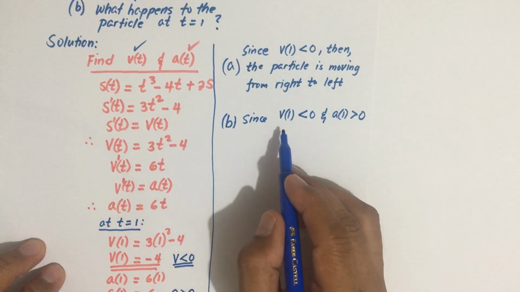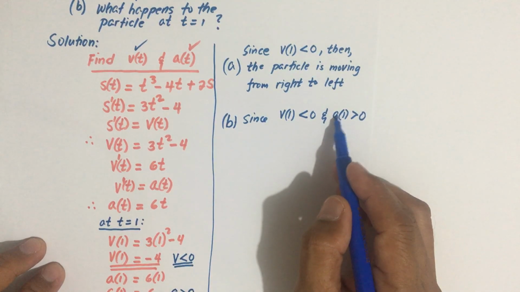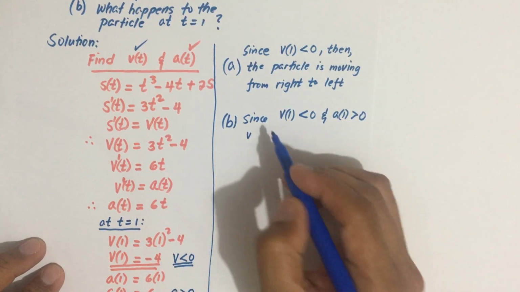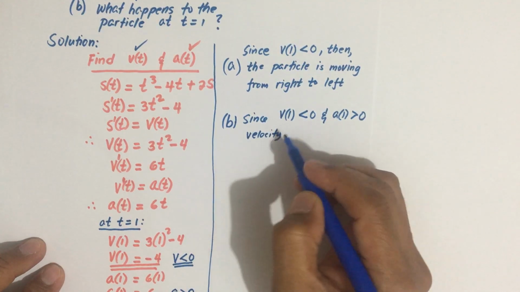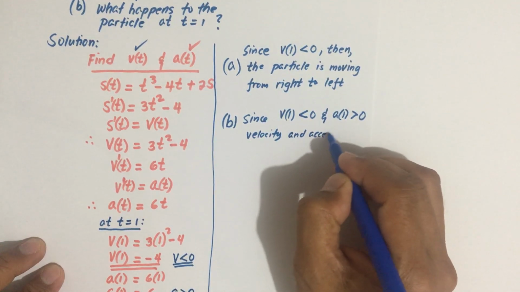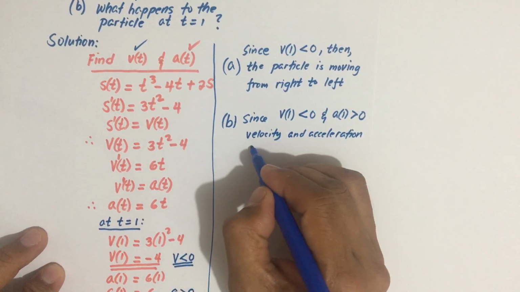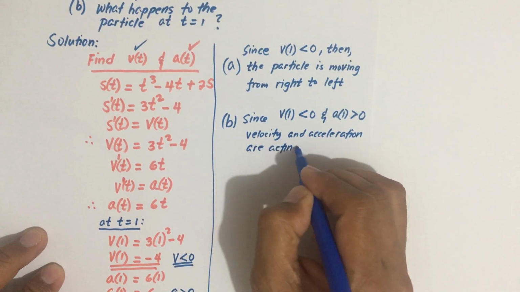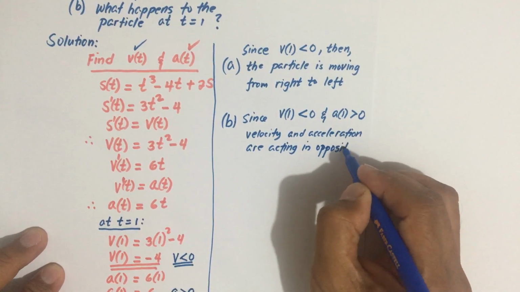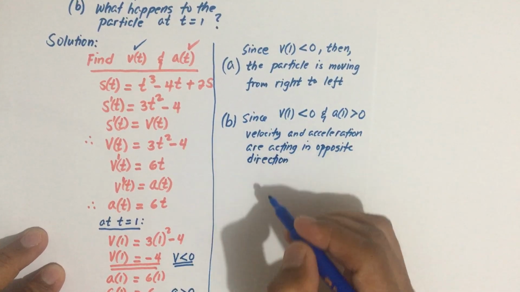Okay, so since v at t equal to 1 is less than 0 and the acceleration at t equal to 1 is greater than 0, we can say that the velocity and acceleration are acting in opposite direction.